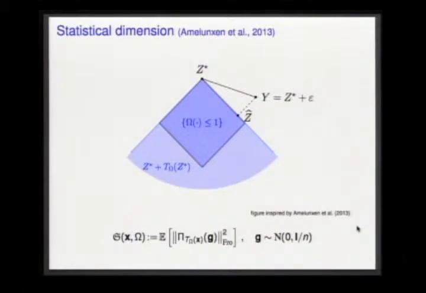So here is the point in the space, which is typically going to be one atom or a linear combination of a few atoms. This is the tangent cone, and we project the vector G onto the tangent cone, and we integrate to get the value of the statistical dimension.